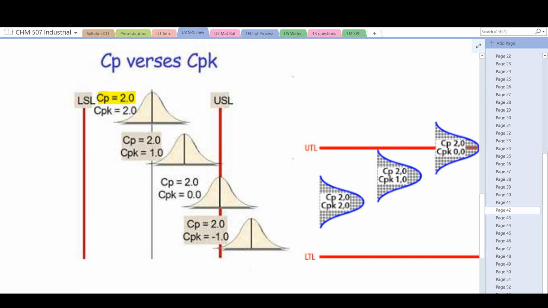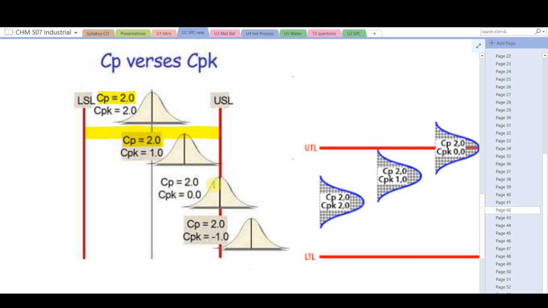But look what happens when the process moves off target. The ratio of the tolerance to the process spread hasn't changed. The Cp is still 2, but obviously you're going to get some product possibly out of spec on the high side.